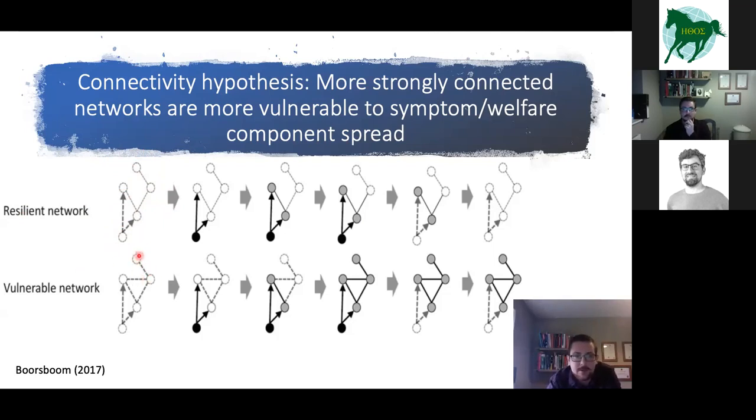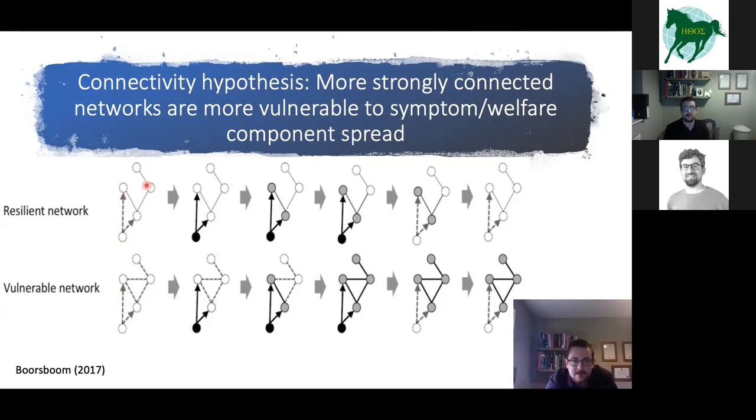In this bottom row, we have the same measures. We have a connection here, here, but we have this additional connection here, and the lines are thicker to represent that these direct associations are stronger as well. So this bottom row represents a more strongly connected network compared to the top.